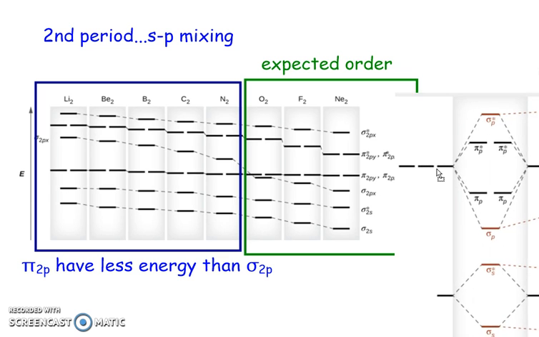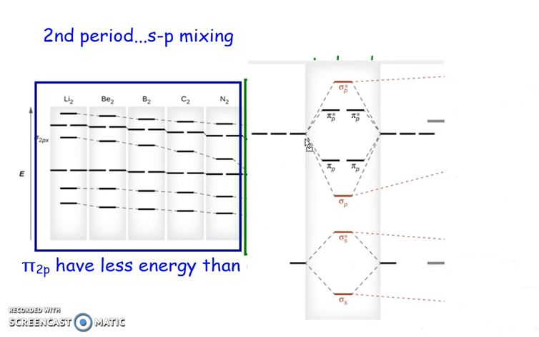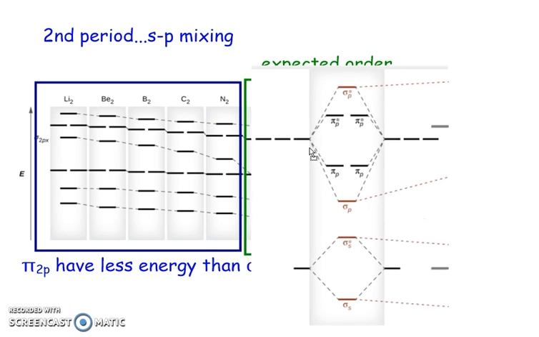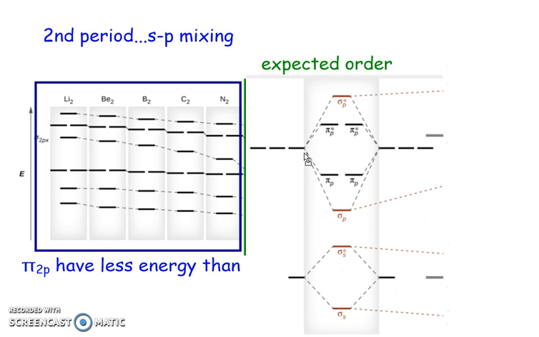So what this is going to look like is the normal expected order, which would be for oxygen and up. I have the combination of the s's as I would expect, and then the combinations for the p's, sigma, then pi, as I would expect.